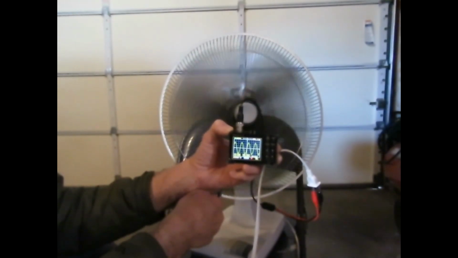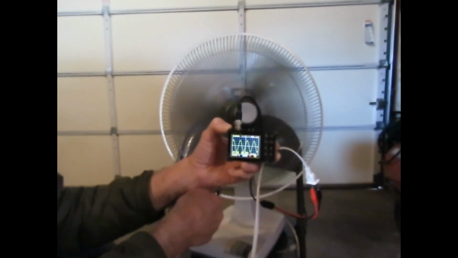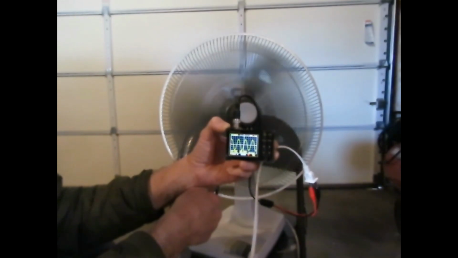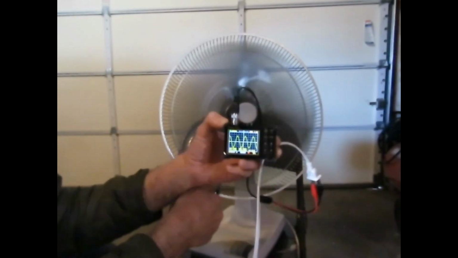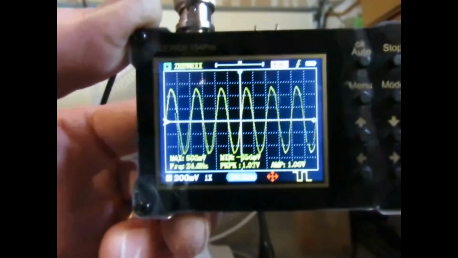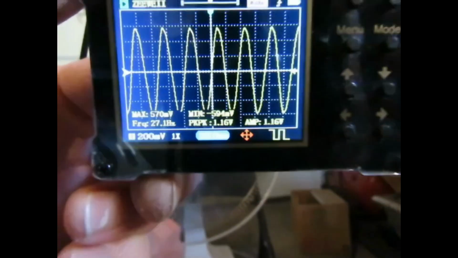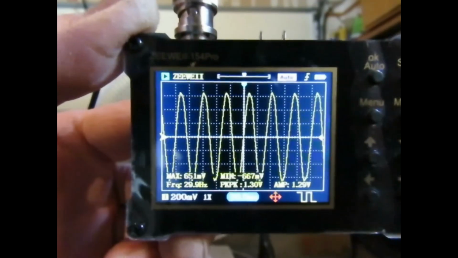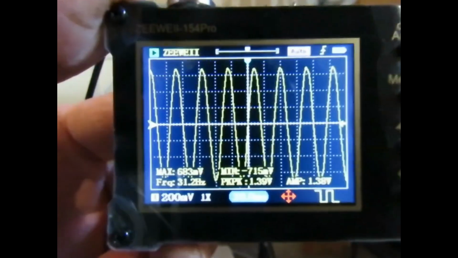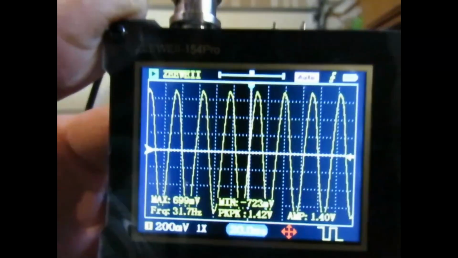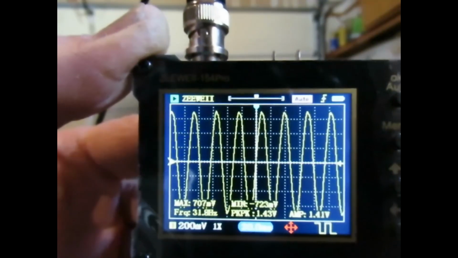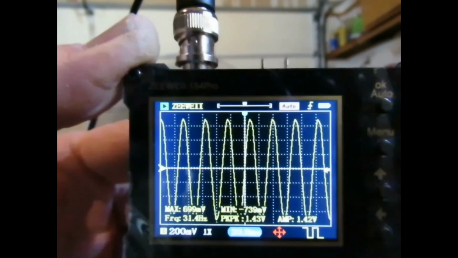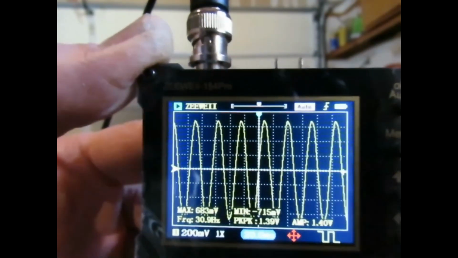The top peaks are how much voltage it's generating, and we can see it right now. It's around 500 millivolts, and the faster it goes, the higher the frequency gets. You can see the lines crunching together to get even a higher frequency. Right now it's 31 hertz, and we're up to around 651 millivolts.